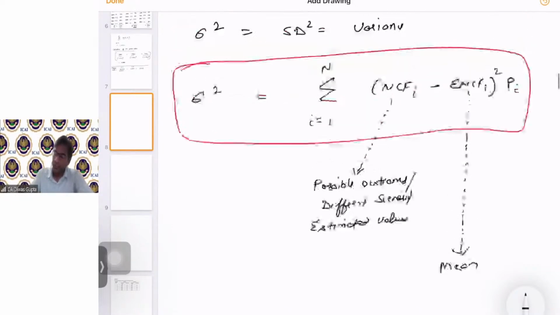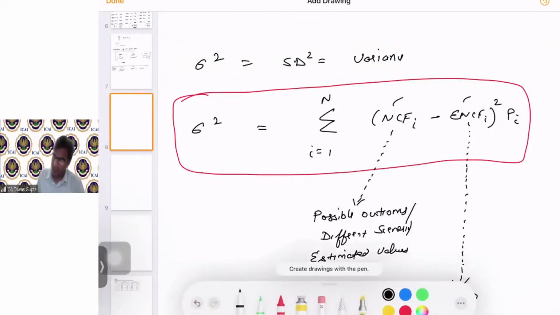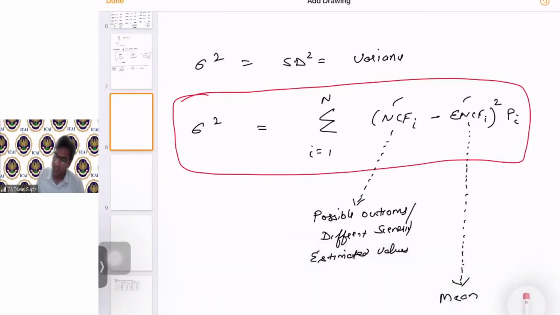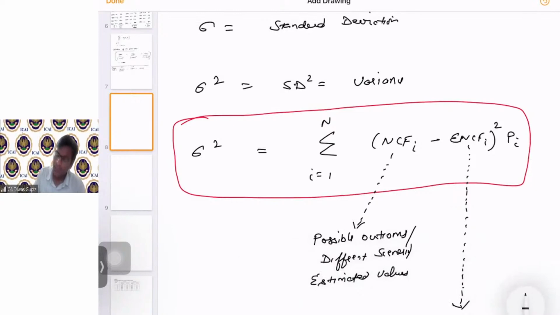So don't you think that if we are reducing both of them, this one and this one, we are arriving at something called deviation between both of them. And why are we squaring them? Why are we putting raised to the power 2 here is because we want to calculate the deviation of negative and positive both in positive sense.